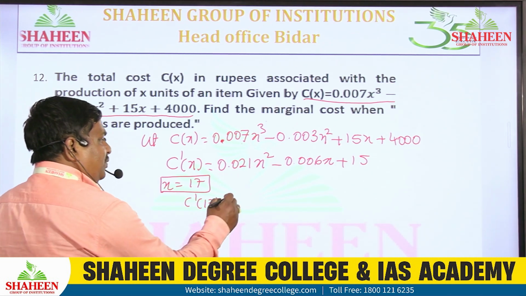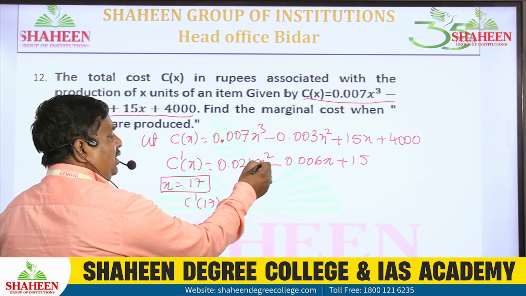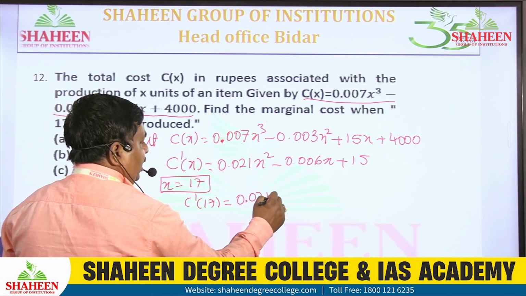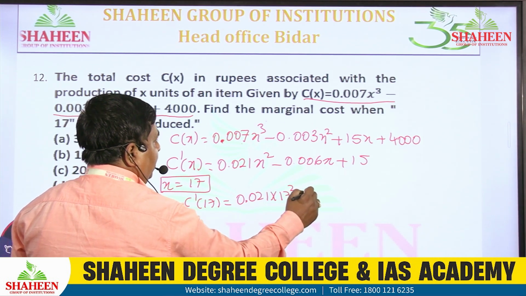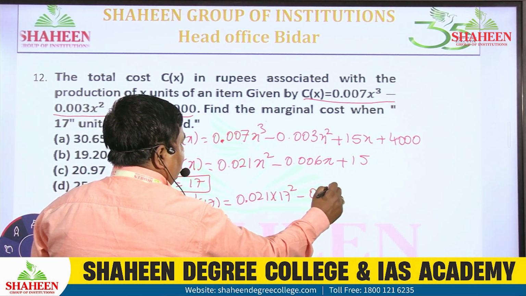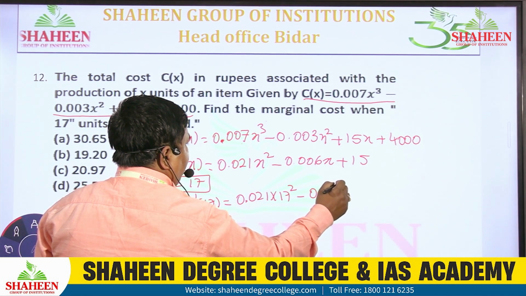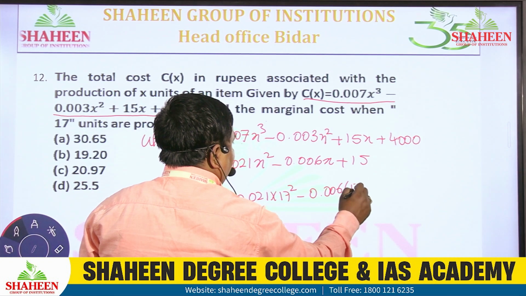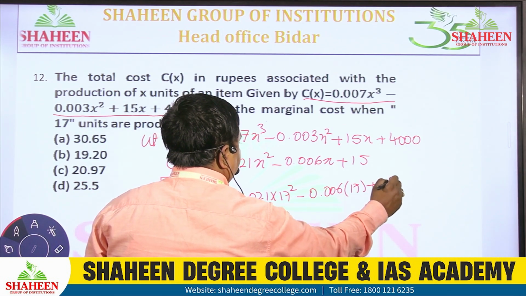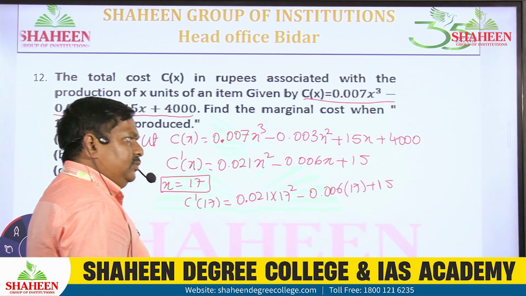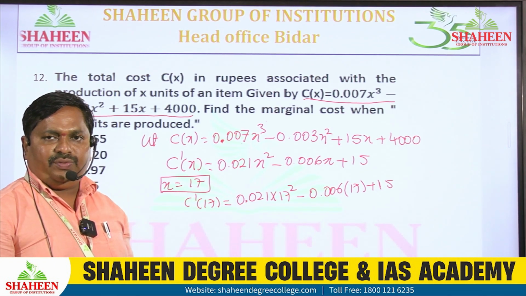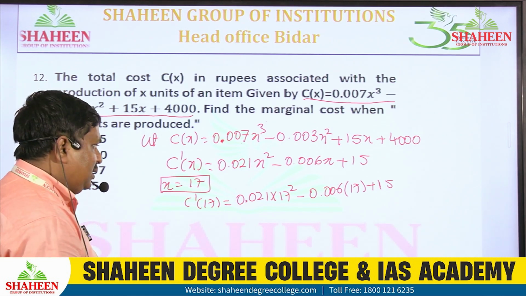Substituting x equal to 17 here, this becomes 0.021 into 17 square minus 0.006 into 17 plus 15. We have substituted x equal to 17 as given.